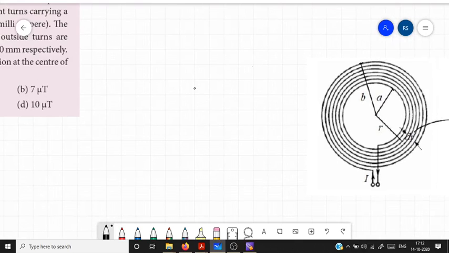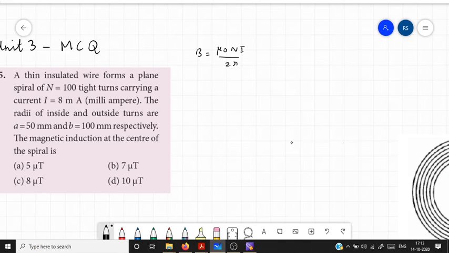So you can understand that this particular formula cannot be readily applied. That means I cannot write the value for mu naught and N as 100 and then substitute the values for the other symbols. So this kind of problem is not straightforward.